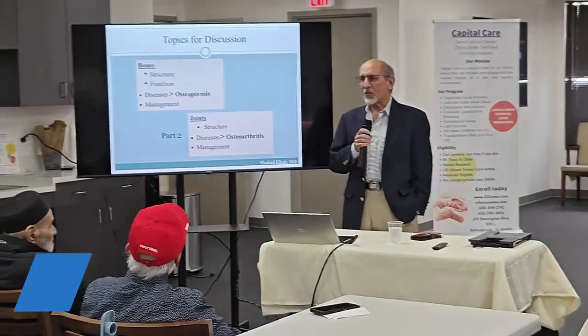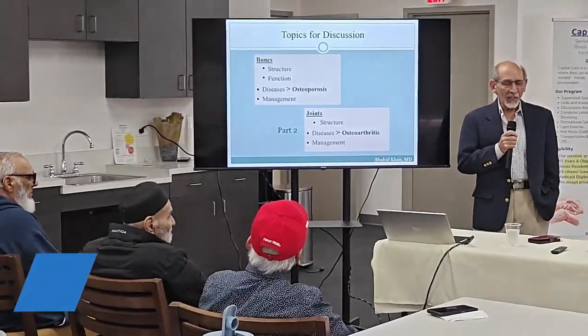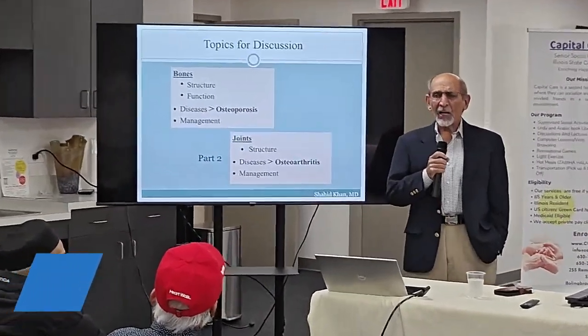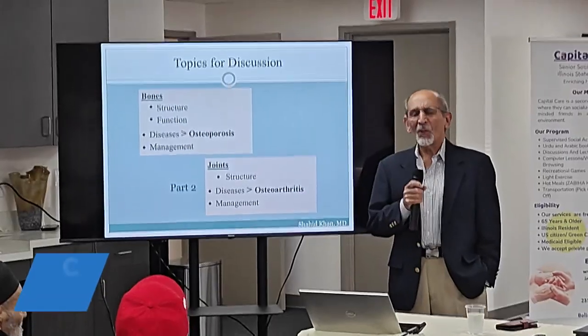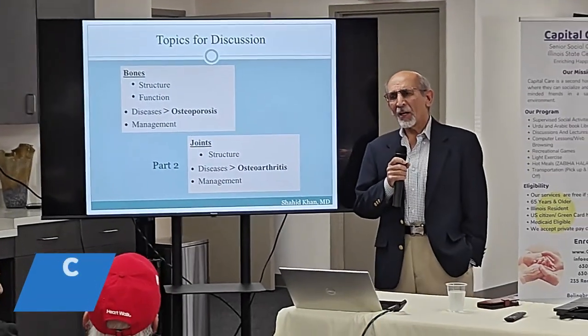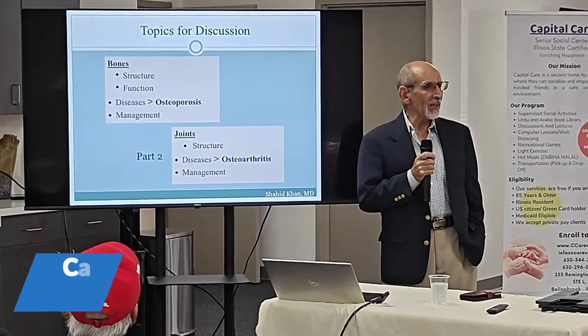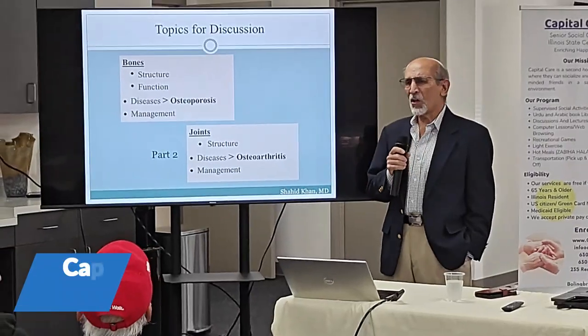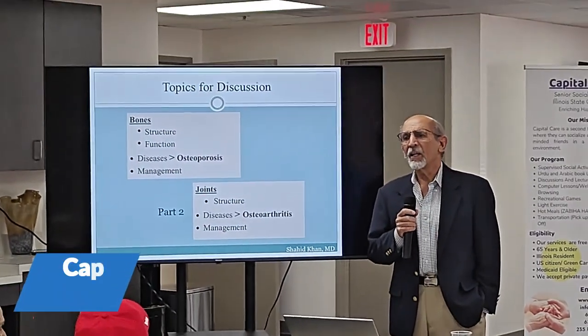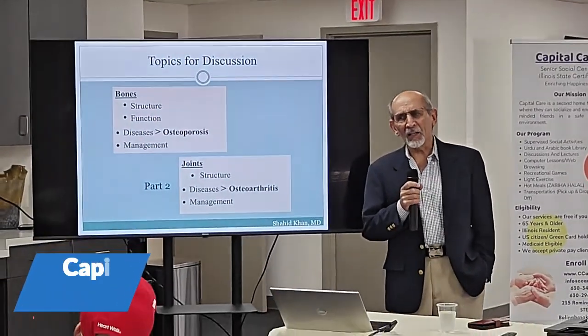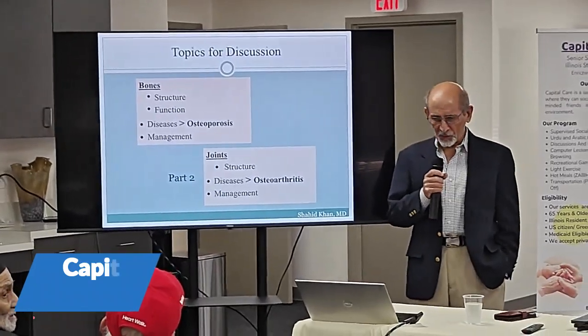So the topic for today is bone and joint problems. I have divided it into two. The first section will be about bones: a little bit about the structure and what they do, but more importantly, the main disease related to aging with bones, which is osteoporosis, essentially the weakening of the bones as we age.